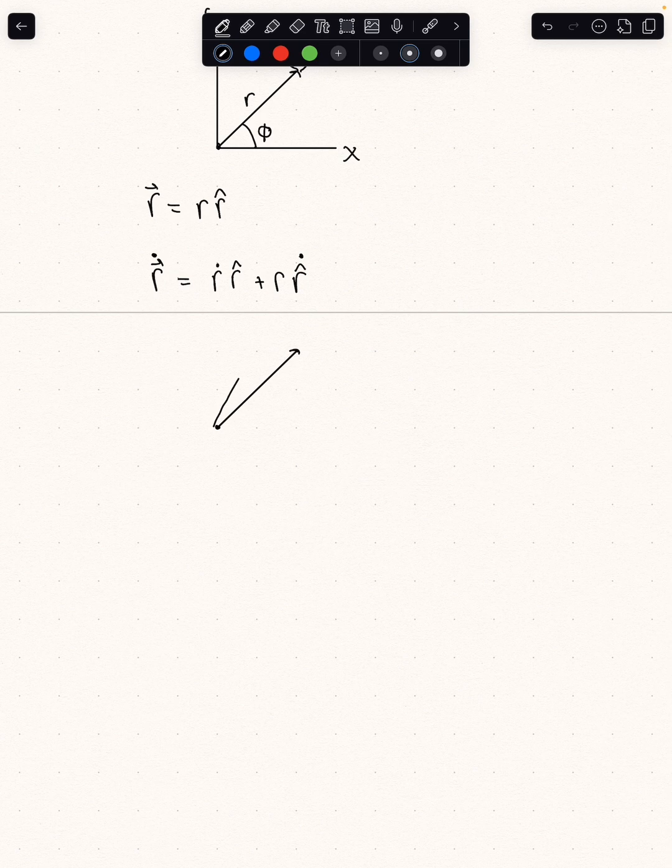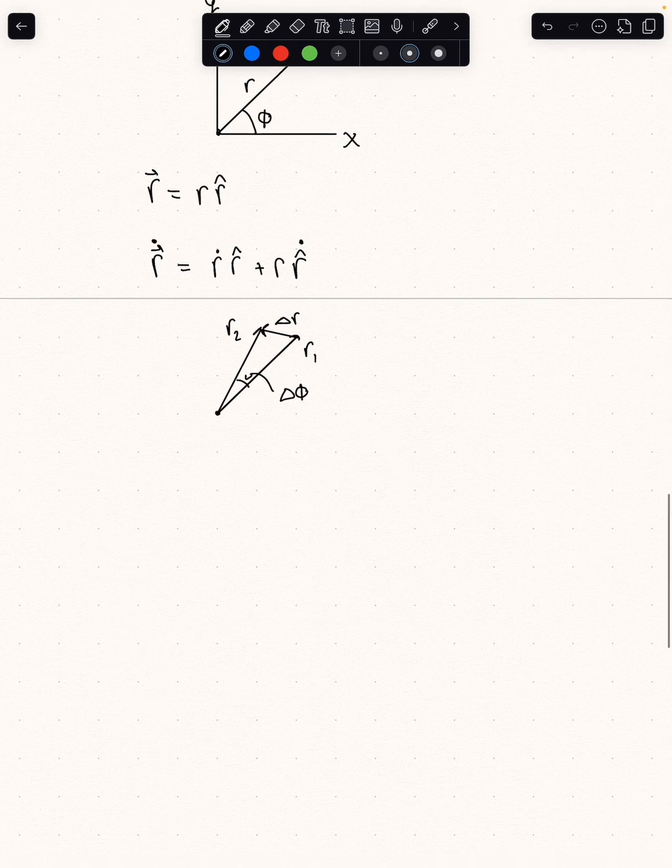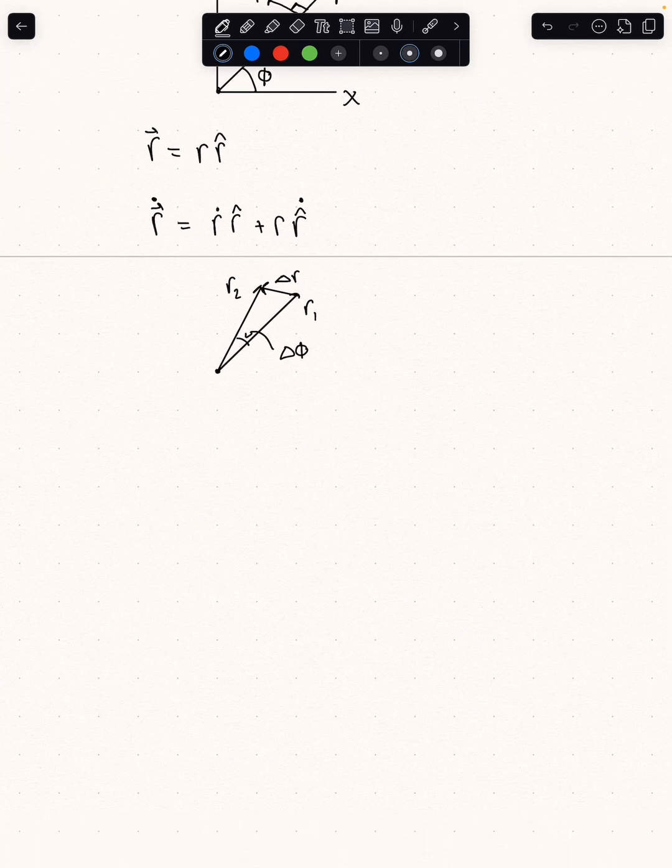If this is r1, r2, this is going to be the change in phi, and then this here is the change in r. And so for very small changes, the change in r hat is essentially going to be the change in phi.